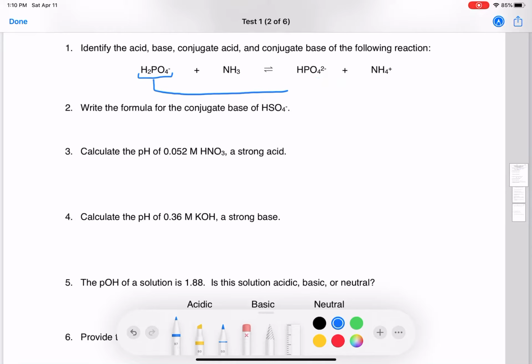So we are going to choose HPO4 2- because that is very similar to H2PO4, and then we are going to do the same thing for NH3. We're going to connect it to NH4. So what we've done there is connected the conjugate pairs, the acid and its conjugate base, the base and its conjugate acid. Now we have to decide which is which.